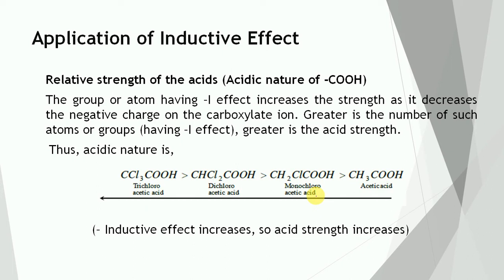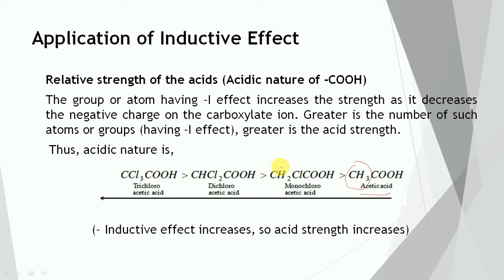Then the relative strength of various haloacetic acids. In this case, hydrogen is replaced with one or more chloro atoms. So let us compare the acidic strength of these various chloroacetic acids. In acetic acid, there is no group which is going to withdraw the electron.